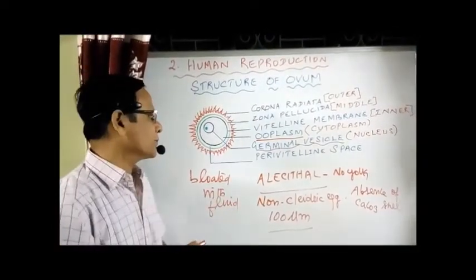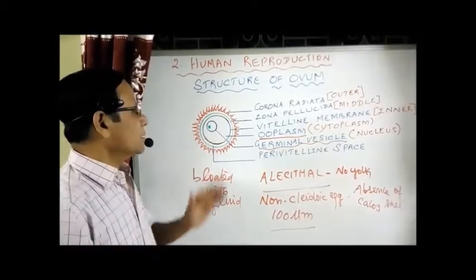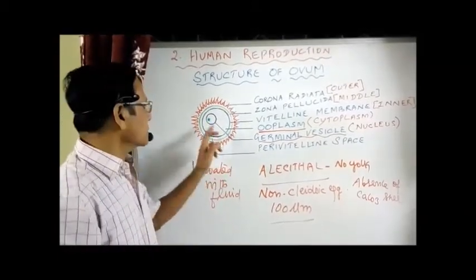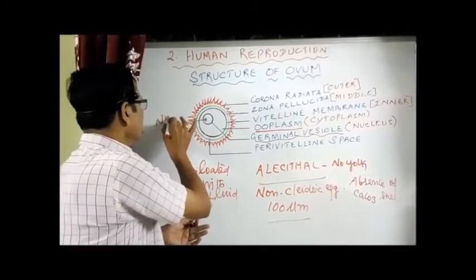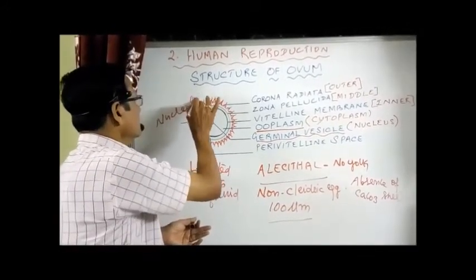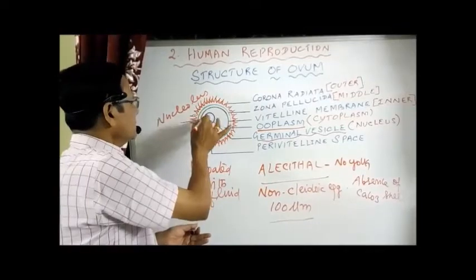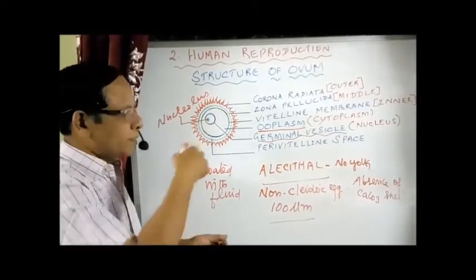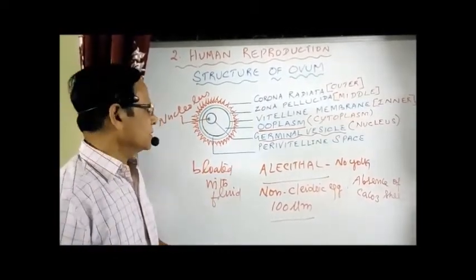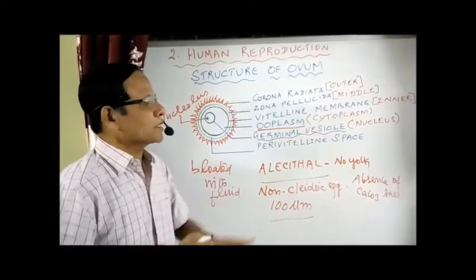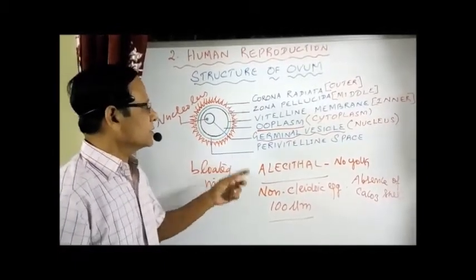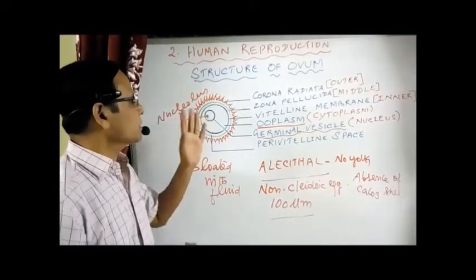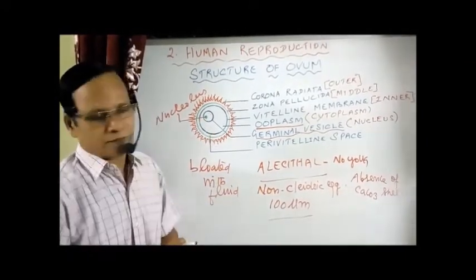Now this is the nucleus. The book has wrongly marked this; the entire structure is called the nucleus, otherwise called the germinal vesicle. So we have the ooplasm and the germinal vesicle, and the cytoplasm is otherwise called the ooplasm.